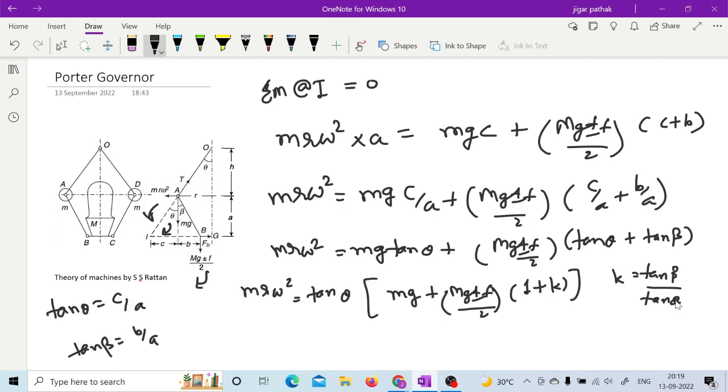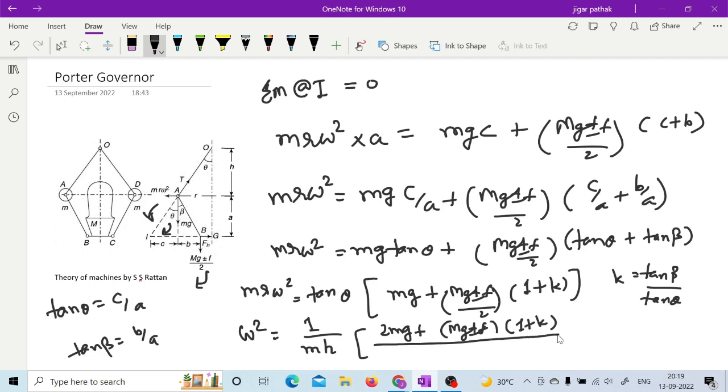As we have already seen earlier, tan theta is r by h. So if you put tan theta equal to r by h, then you can write that omega square is equal to 1 upon mh into 2 mg plus mg plus or minus f into 1 plus k, divided by 2. Sorry, 2 mg.